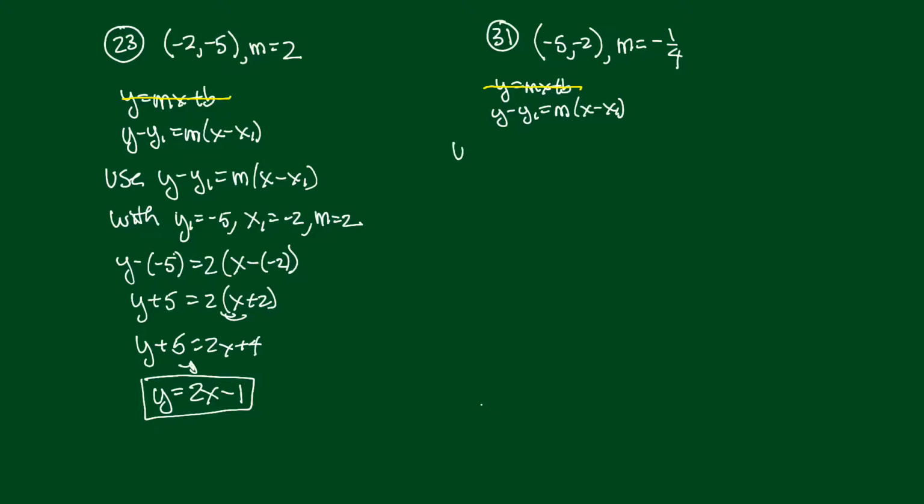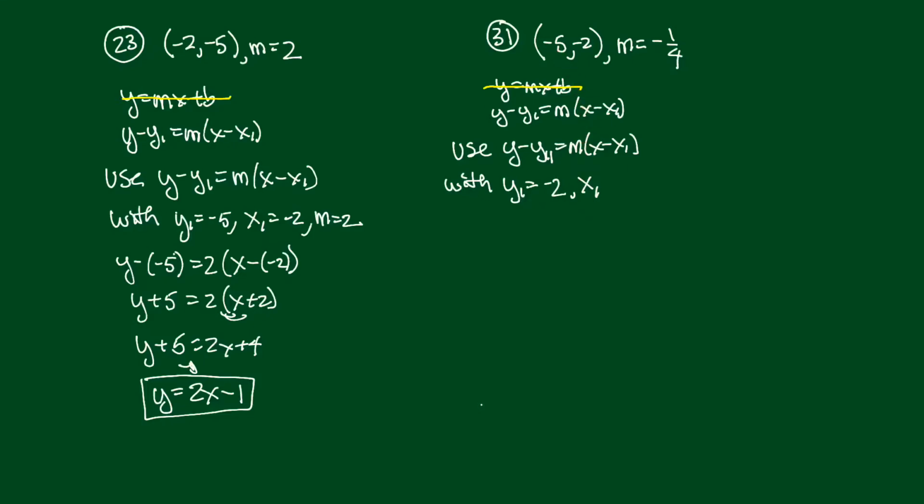We will use instead y minus y1 equals m times x minus x1. Now I'm telling you which form I'm going to use with what information. y1 equal to, well, what's the first y value you see? We only see one y value. It's -2. x1 was the first x value you see.